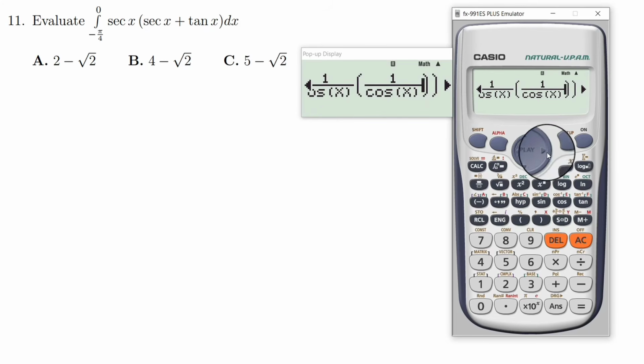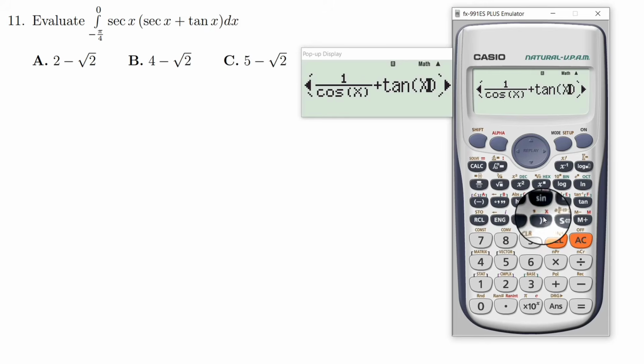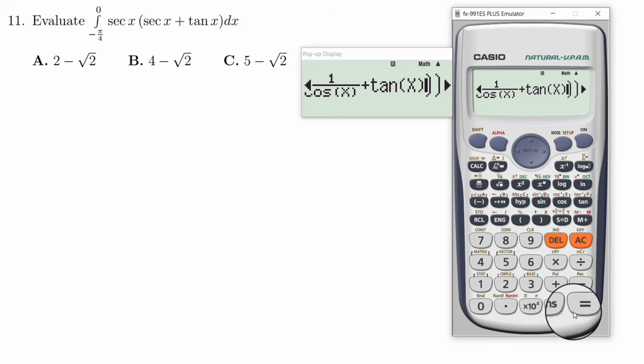Then plus. Just press your arrow forward button, then you can press your plus after that, because if I press my plus here, that means I still have some other things I want to write, so I can just delete that, then put my plus here, then tan x, so we have tan alpha x, then close our brackets. Okay, so let's see what we are going to have.